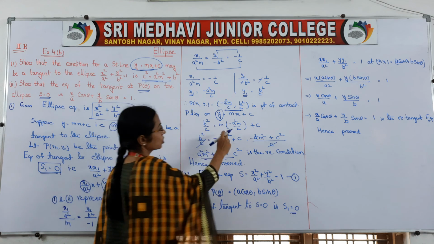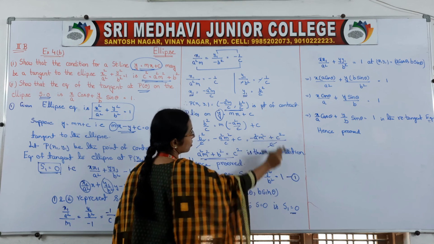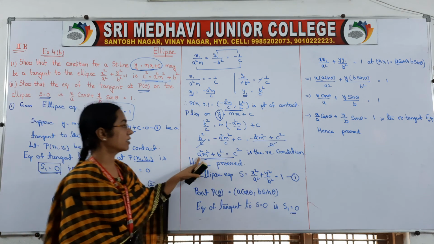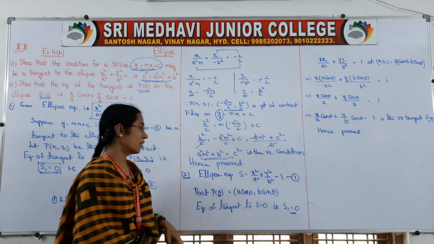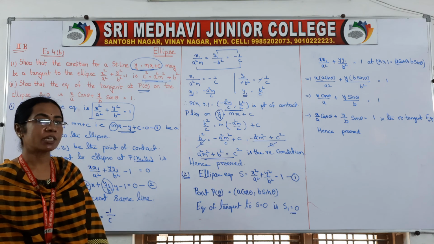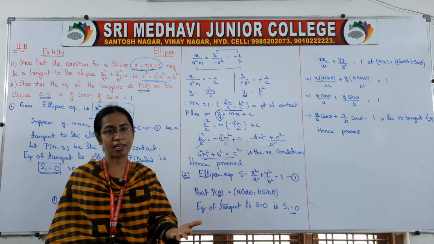So substitute, and taking the LCM as c, the c² cancels, and bringing the minus a² m² to this side, a²m² + b² = c² is the required condition, hence proved.